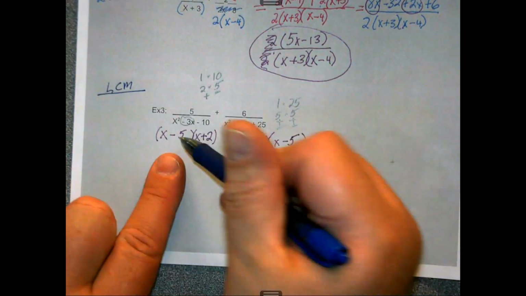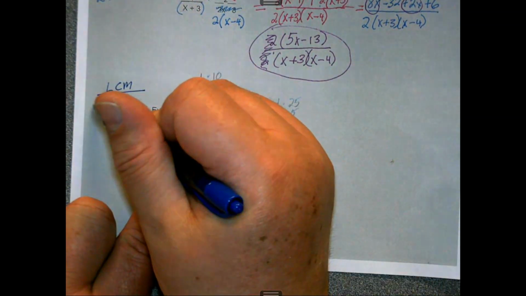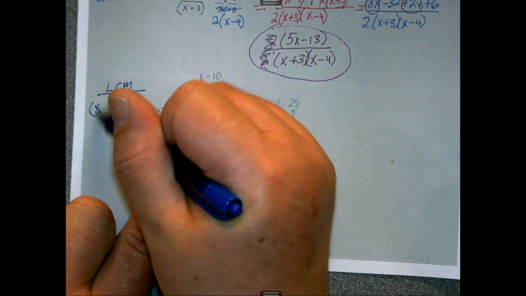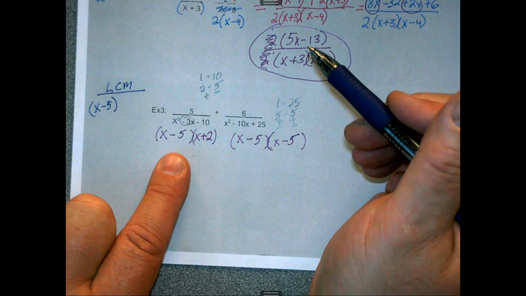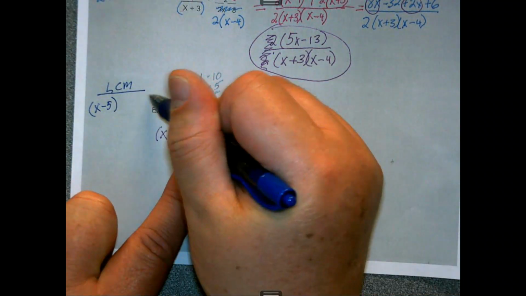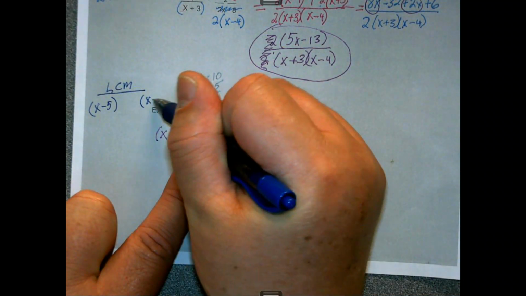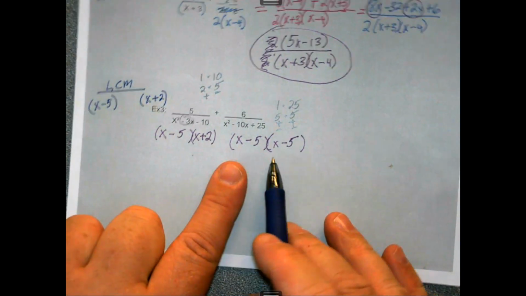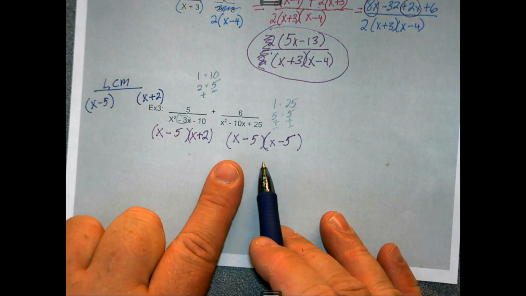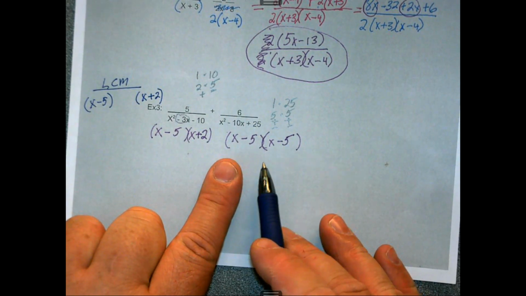Let's see. I have an x minus 5 here, right? And I need an x plus 2. What does this denominator need? Careful.